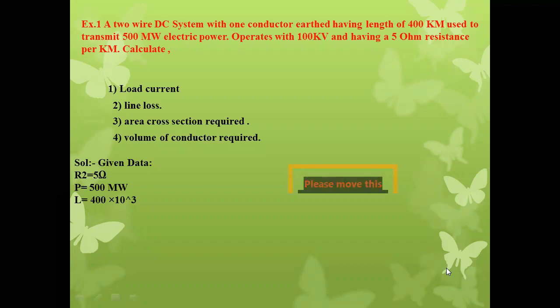Nominal voltage is already known, Vm is equal to 100 kilovolt, which should first be converted into 100 into 10 to the power of 3 volt. So tell me, what is the value for the area cross section of conductor required?